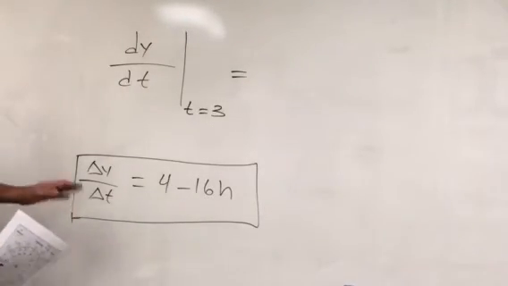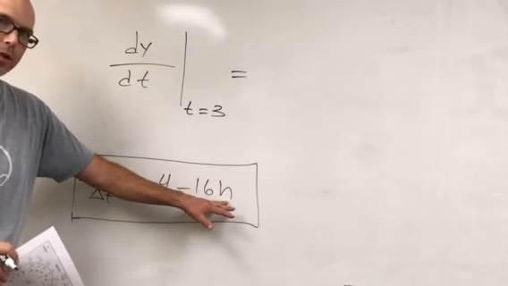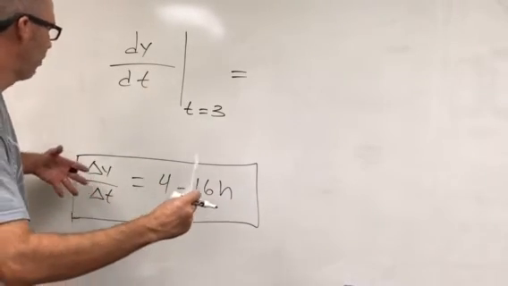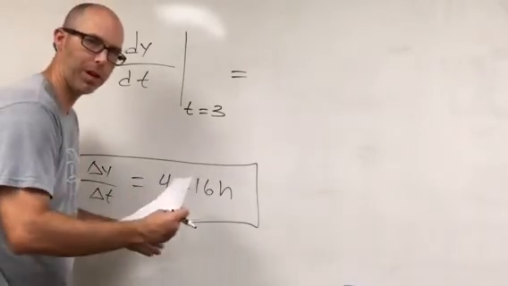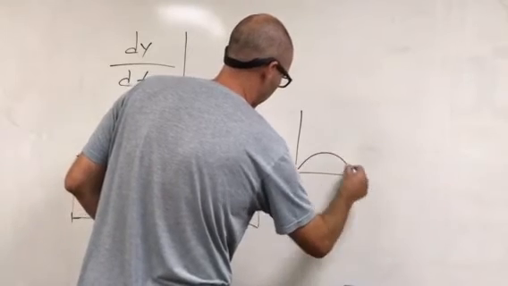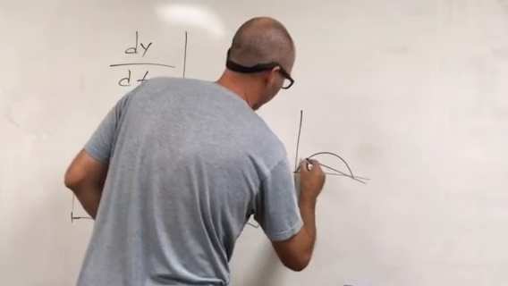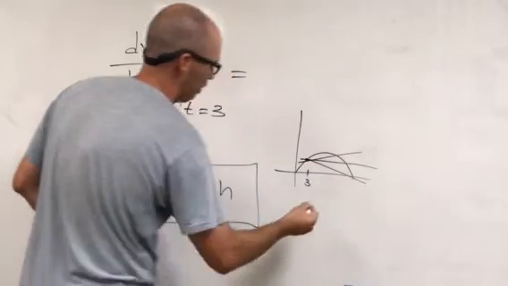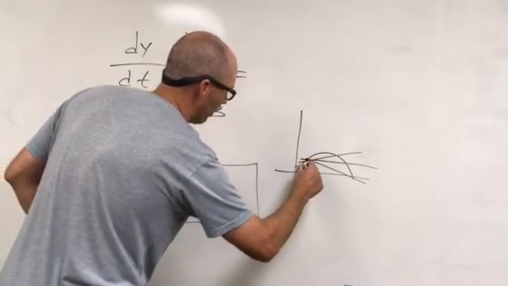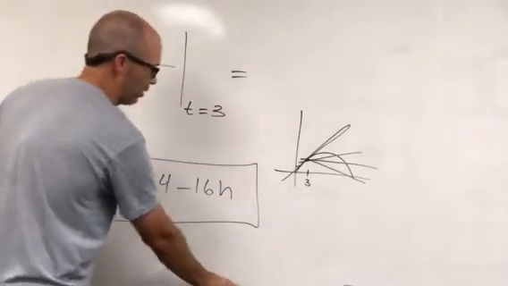Now, a common mistake would be to put the 3 in there. But see, that's an h. So how do we evaluate just at 3? Remember the graph, we had lots of secant lines, and as h went to 0, we had the instantaneous, just the tangent line there.